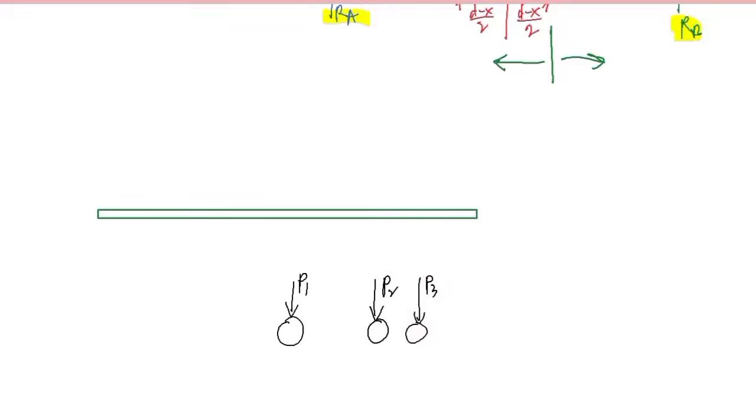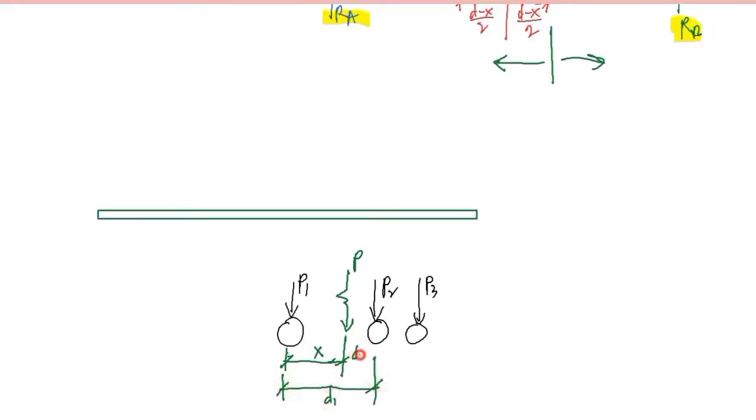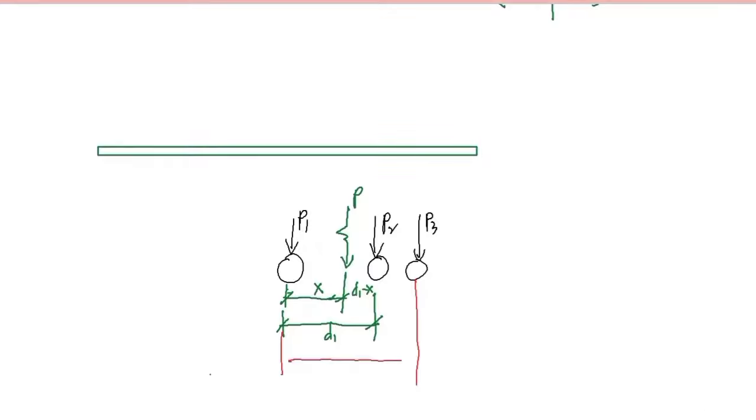Now, the first thing that we are going to do is to locate the position of the resultant, which is the load P. No, so, kahit saan lang yung basis natin, no, kung nag-base tayo dito, then this would be X. And if this distance here is D1, then this would be D1 minus X. If this distance here is D2, then this distance would be equal to D2 minus X.